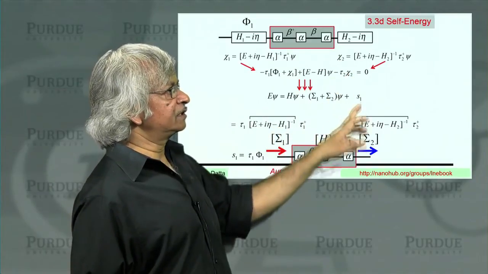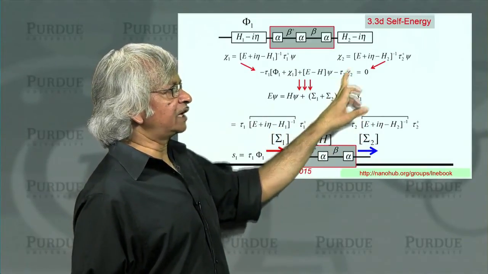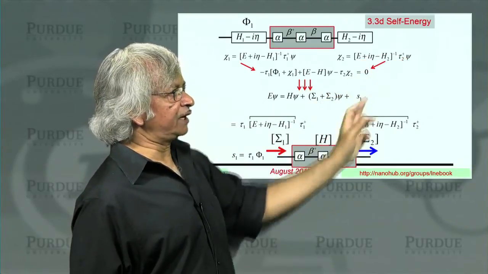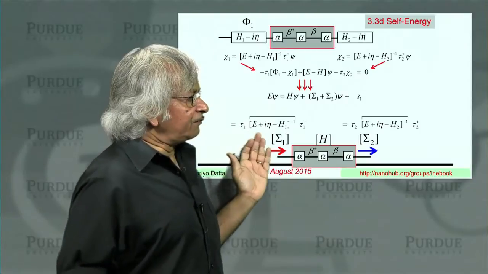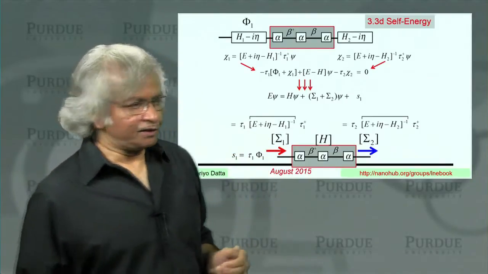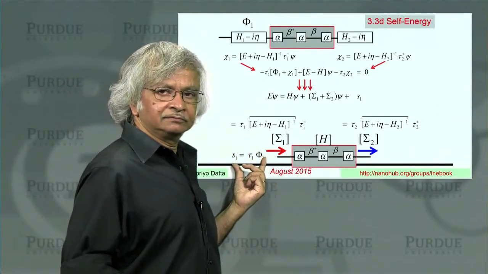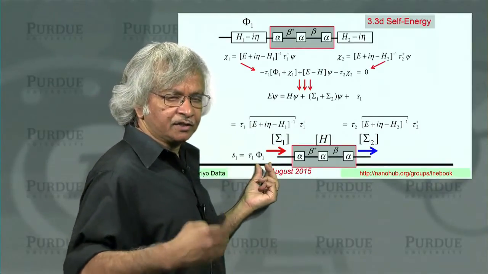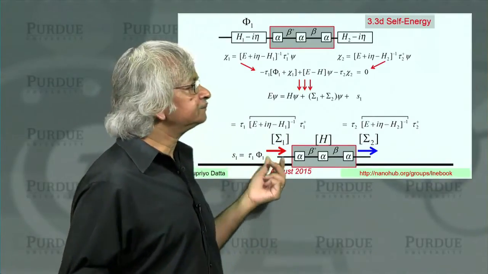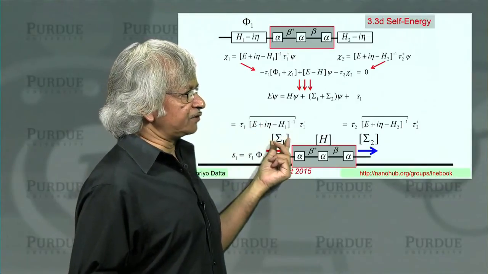Sigma 2 is like tau 2 times this inverse times tau 2 dagger. So that's sigma 2. So we have now obtained a general expression for the source term. It's equal to tau 1 times the wave function that existed before you connected it. We have obtained an expression for the sigmas.